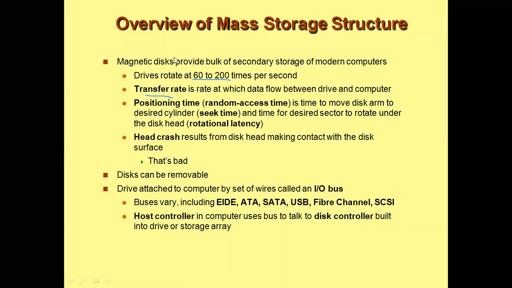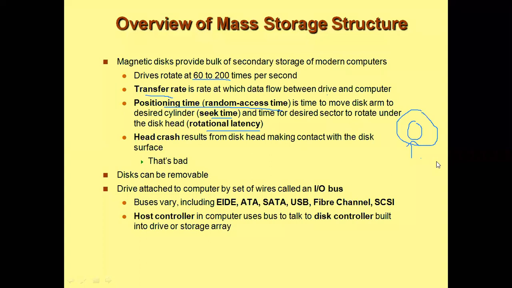Coming to positioning time, here you have random access time, which is the sum of seek time and rotational latency. Seek time is the time it takes for the read write head to come to a certain track. For example, the read write head will move to and fro on the platter.